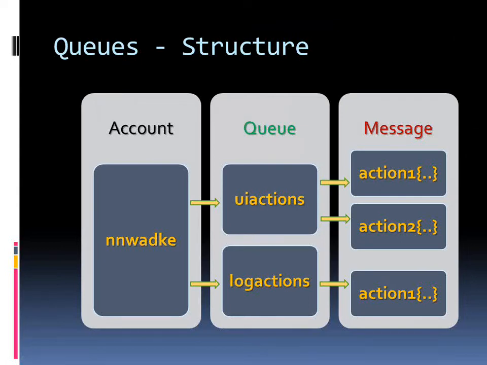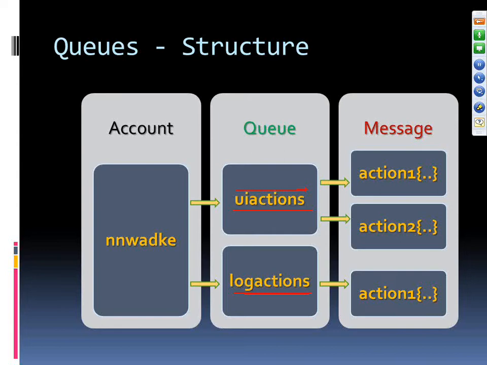You have an account under which you can create multiple queues. In this particular screen scrap, you see two queues created to hold various messages. The first queue is to hold messages which are coming from a web role. Web role is a UI specific application.